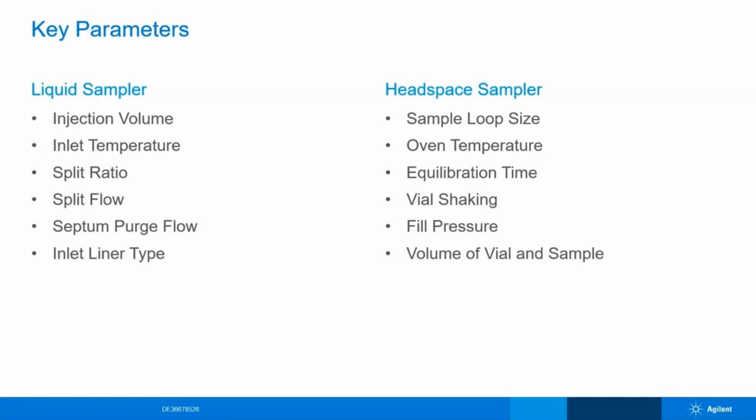In Headspace, many of those parameters have an analog that's just slightly different. Things like sample loop size, oven temperature, equilibration time, vial shaking, fill pressure, and then finally the final volume of vial and sample are really the determining factors that are going to affect how much sample reaches the column, how much time the sample needs to evaporate, and then all of the related sensitivity effects that those have on your final analysis.